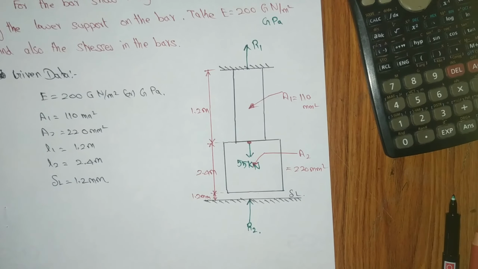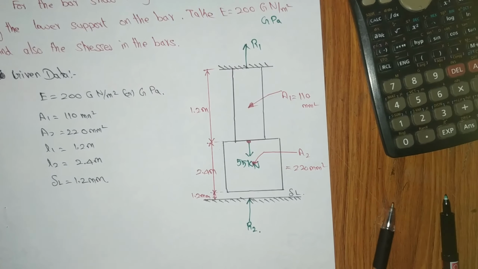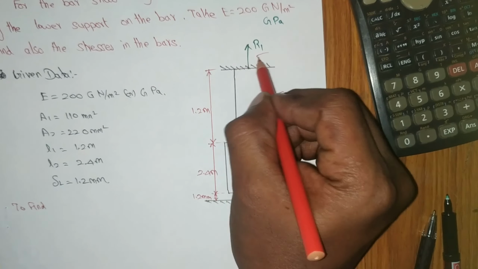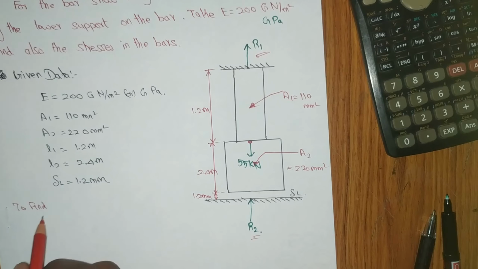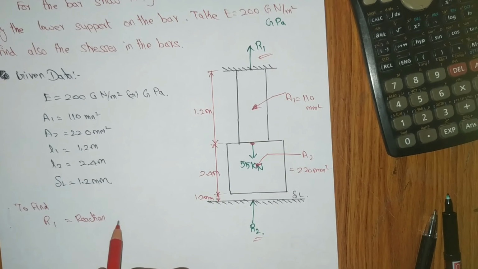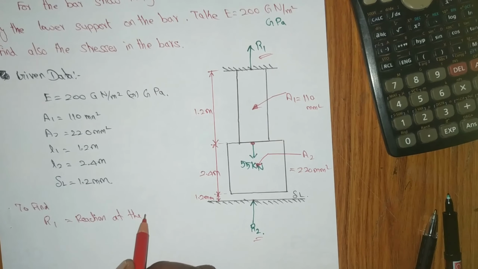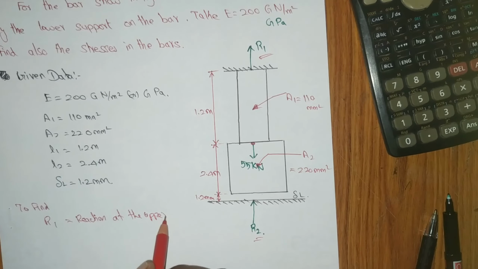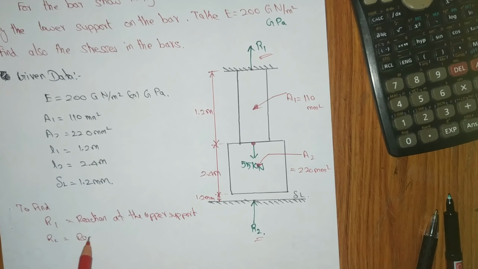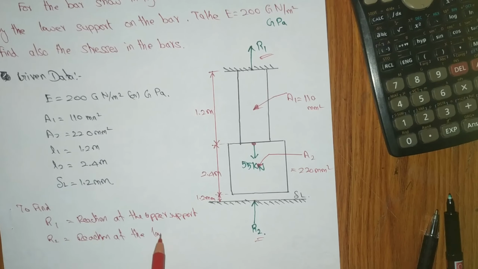So we need to find the unknown parameters R1 and R2. That means R1 is the reaction at the upper support, and R2 will be the reaction at the lower support.